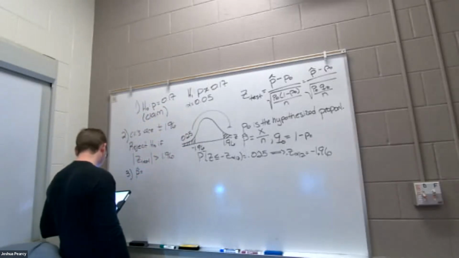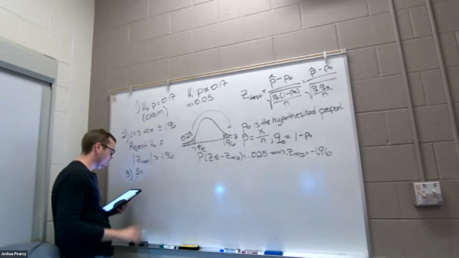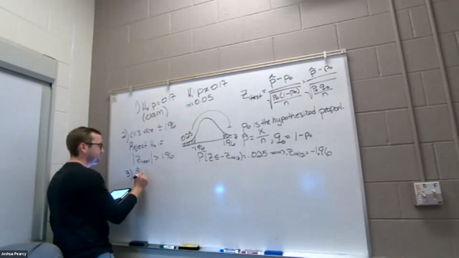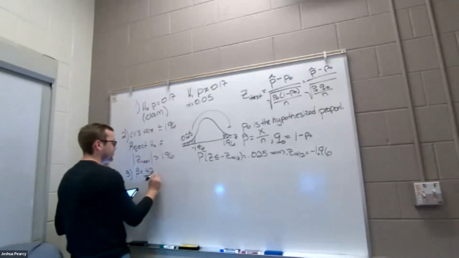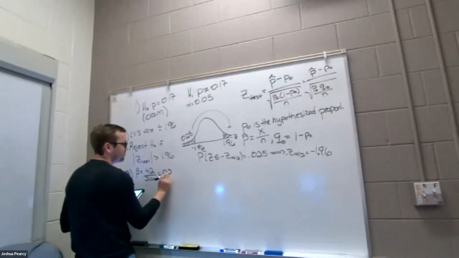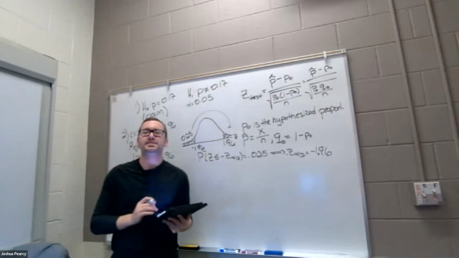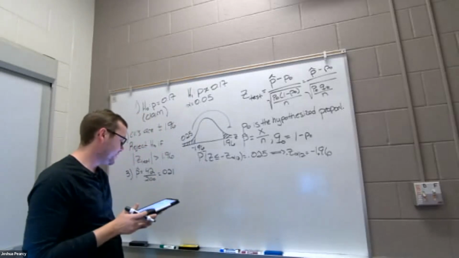That's p naught. P hat would be the sample proportion of people who are obese. And what is that? There were 42 children in the sample that were obese out of the 200 total. Therefore, p hat is 0.21. Does that make sense? Just the sample proportion of children in that age range who are obese.